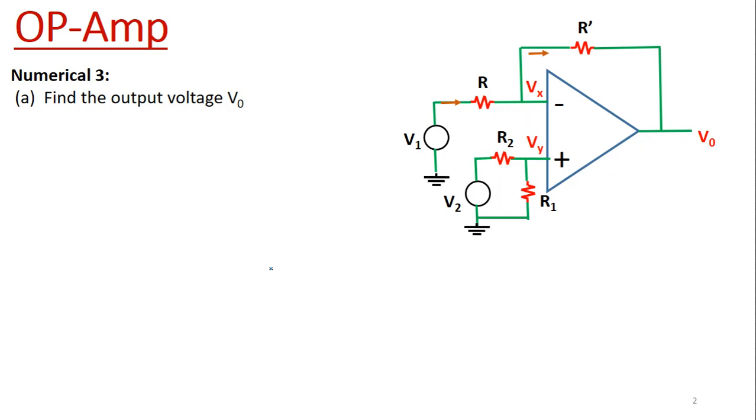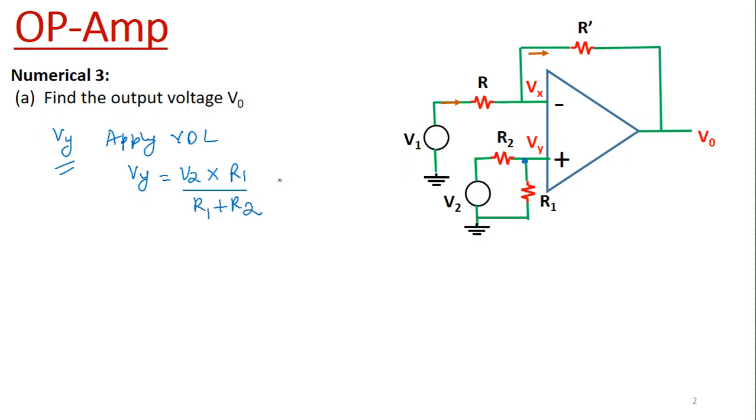Now we have to find out this Vy voltage. For finding Vy voltage, we apply voltage divider rule to the circuit. So this is the circuit where we have to apply the voltage divider rule. By voltage divider rule, Vy is equal to source voltage, that is V2, multiplied by that resistance in which Vy is existing, that is R1, divided by total resistance, that is R1 plus R2.